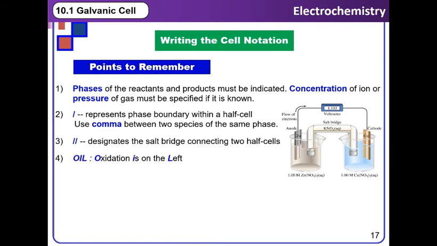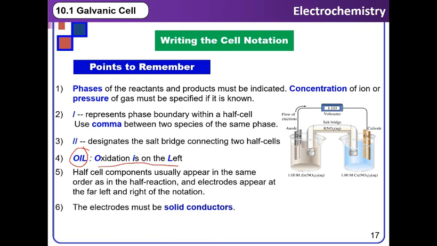Okay, so cara nak ingat, kita boleh ingat kat sini, OIL means oxidation is on the left. Half cell components usually appear in the same order as in the half reaction, and electrodes appear at the far left and right of the notation. So electrodes must be solid conductors.